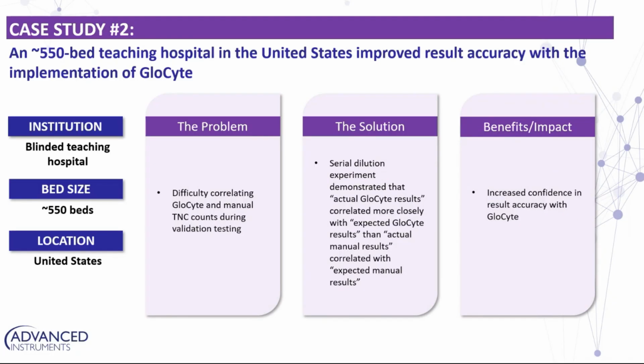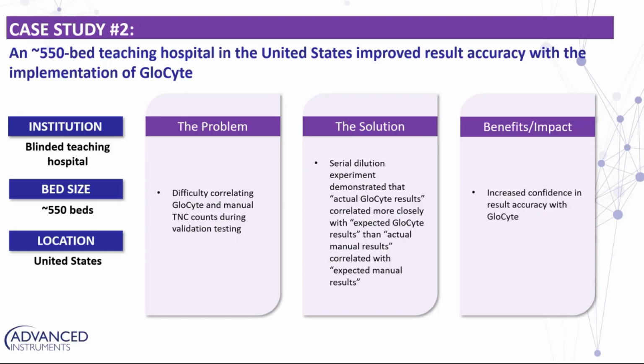I have another slide at the very end, but we did a blind study with another hospital where we just did a correlation study between the manual cell counts versus the GloCyte. And ultimately, the GloCyte was way closer to the expected value of the average cell counts compared to the manual setting. We saw a lot of biases when it actually came to the manual results.